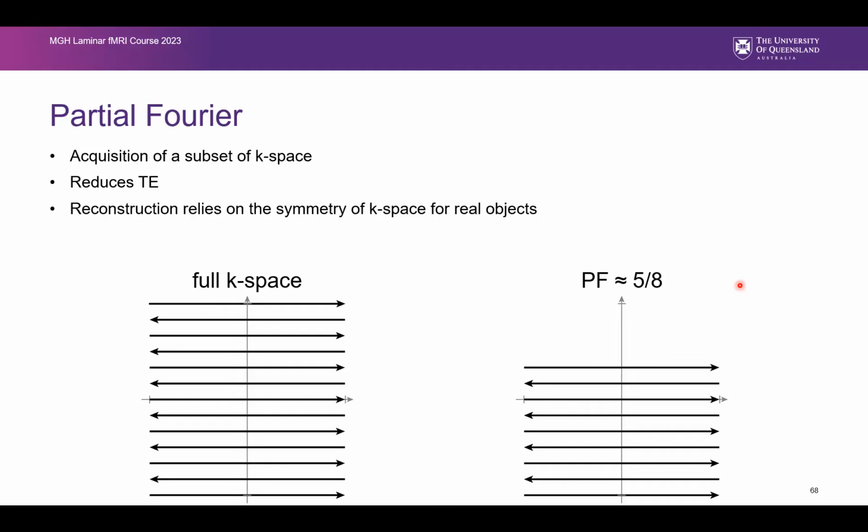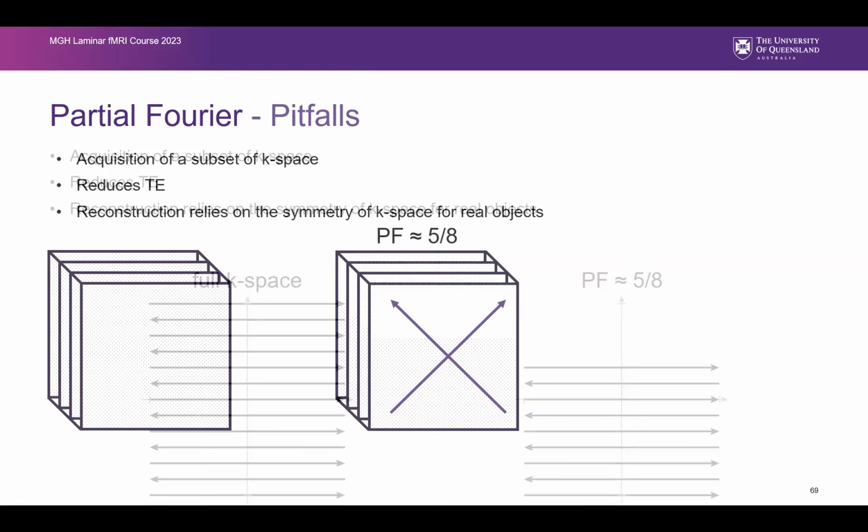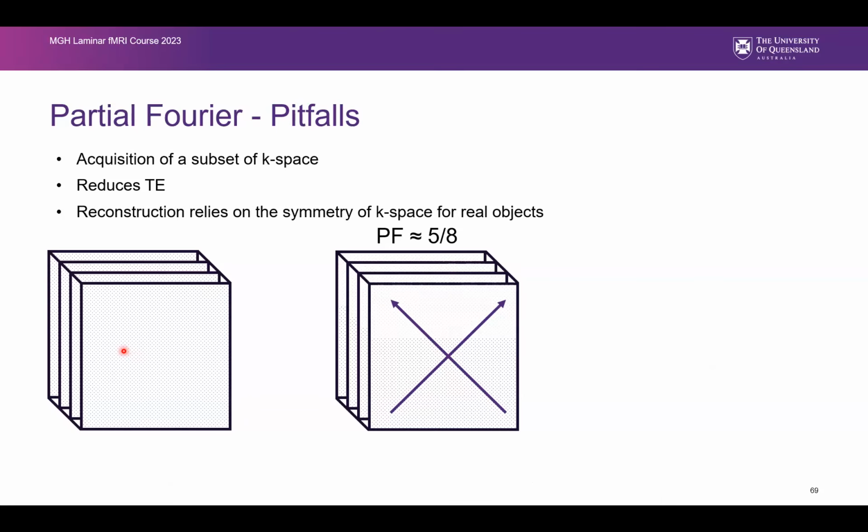So if you select partial Fourier 7/8, then 7/8 of your k-space is still acquired. It's not how much you leave out. That helps you reduce your TE and your total readout time. And the reconstruction relies on the symmetry of k-space for real objects.